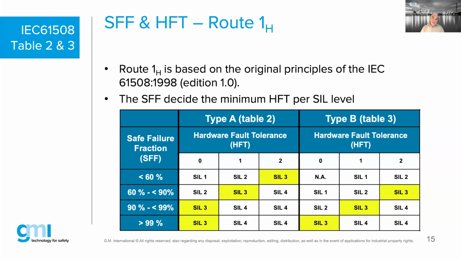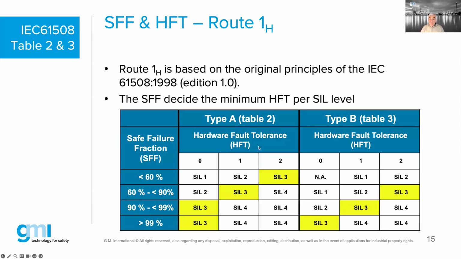The safe failure fraction is either the built-in inherent safe design of your equipment and/or the built-in diagnostics, which will be a percentage. And you can see the higher the percentage, the higher the level of SIL with a single device. The lower the safe failure fraction or the lower the diagnostic coverage, whatever is being measured here in the left-hand side table, the more instruments I would need in a certain configuration in order to achieve a higher SIL level.